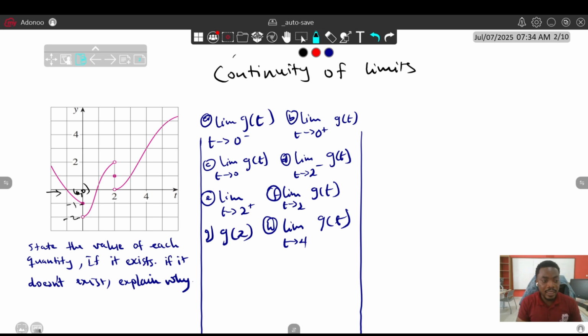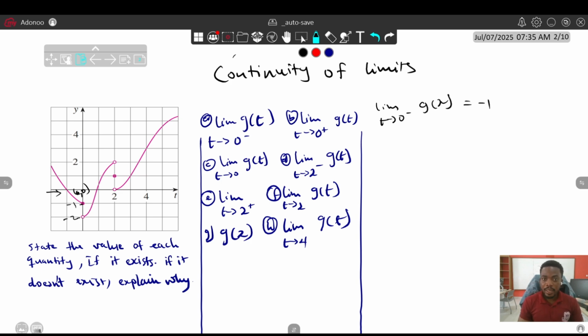So we can see that as the point approaches 0 from the left, g of t approaches -1. So here for a, which says that the limit as t approaches 0 from the left, g of t is equal to -1.